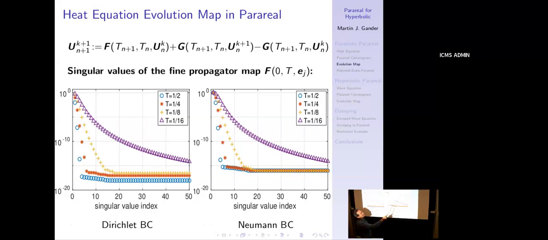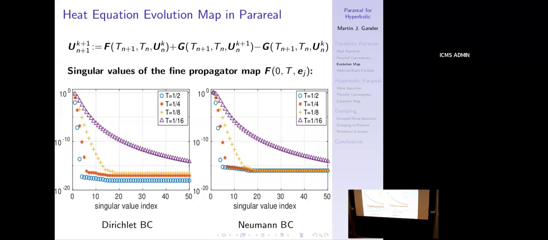And I check what this mapping does for the unit basis vectors. So I insert all basis vectors, e1, e2, e3. I calculate the mapping. So I can calculate explicitly this mapping for the heat equation. It's a matrix, it's linear. So this gives me a matrix that describes precisely, for any initial condition I can multiply the matrix with, and I get what happens at t.